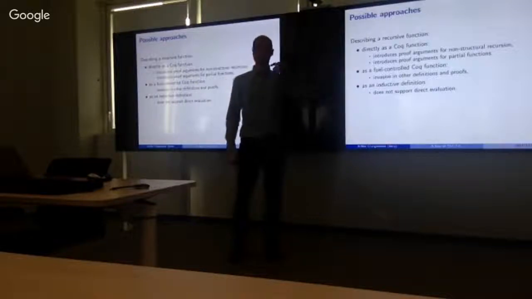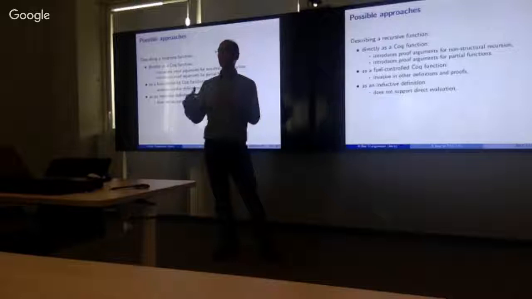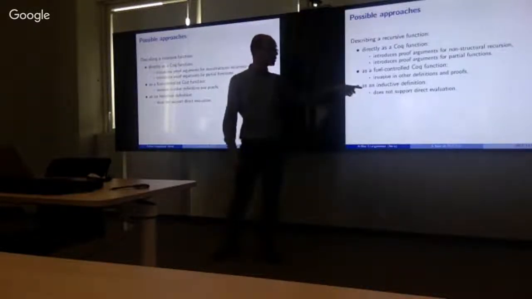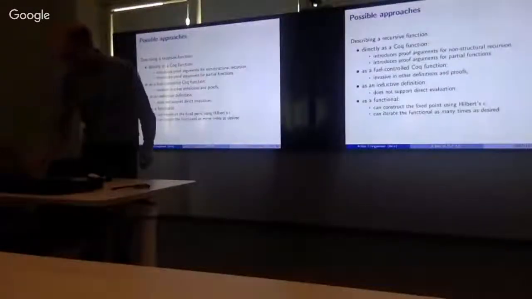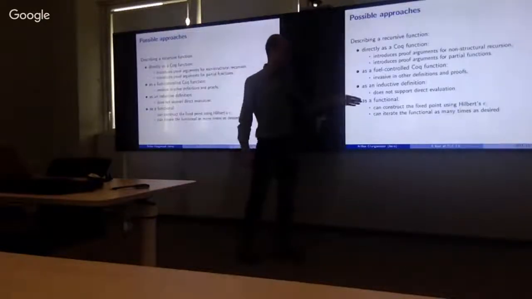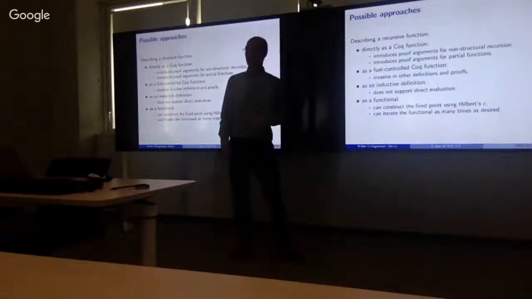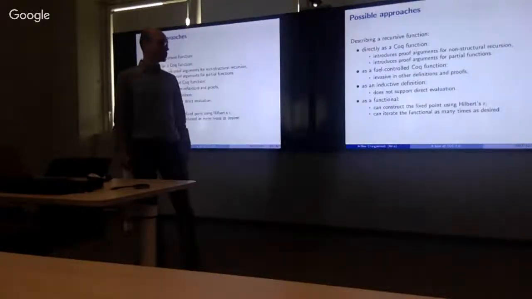You can pass a natural number to say how many steps of recursion you want, in the definition and the reasoning. Or you can go for an inductive definition, but then it doesn't compute. Or the only other way that I know of describing the body of the recursive function is to describe the function as a functional, and then take the fixed point of it by some magic using epsilon.